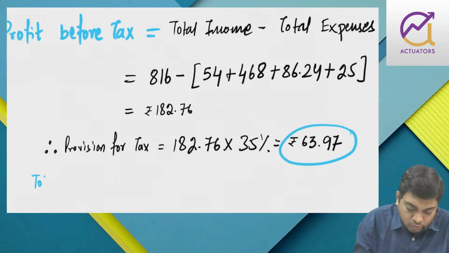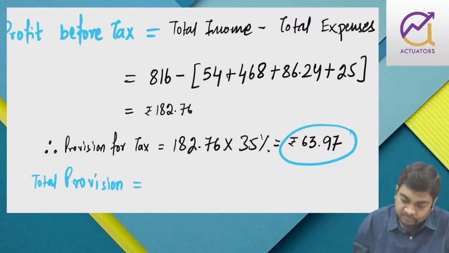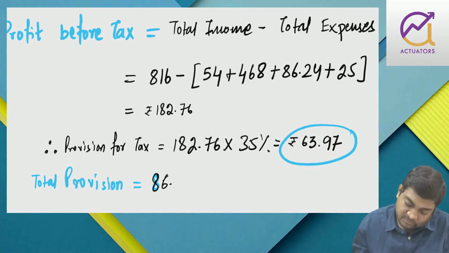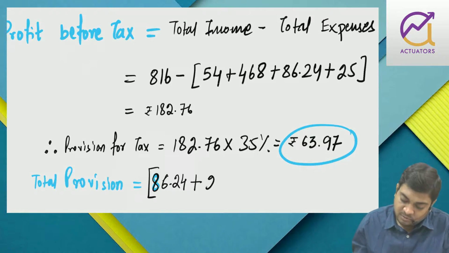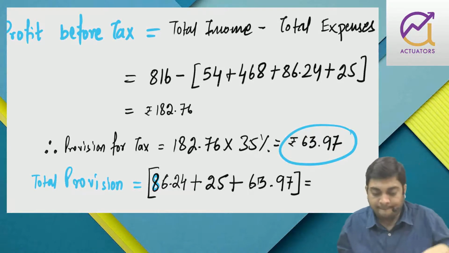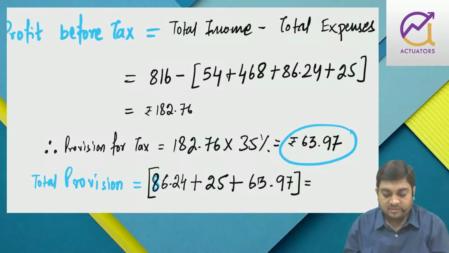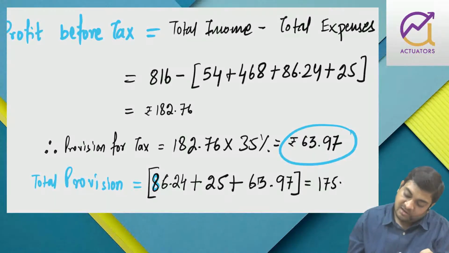So total provision, 86.24 plus 25 plus 63.97. 86.24 plus 25 plus 63.97, 175.21.